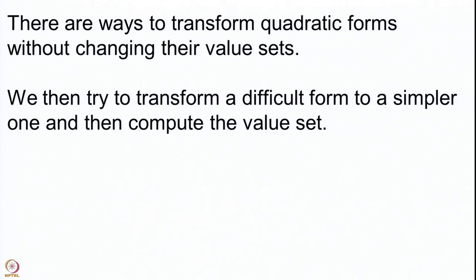Once you transform it to a simpler looking form, we may be able to compute the value set more easily, and if this transformation keeps the same value sets, then you would have computed the value set of your earlier form. This is what we are going to do.